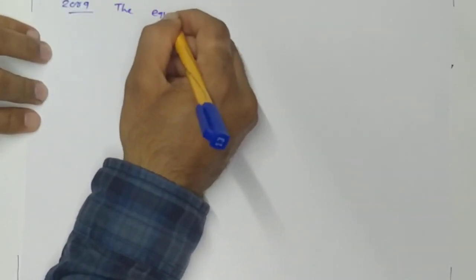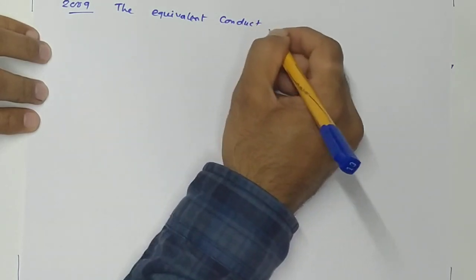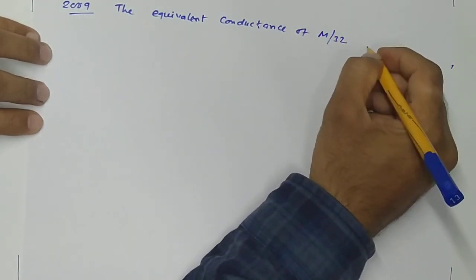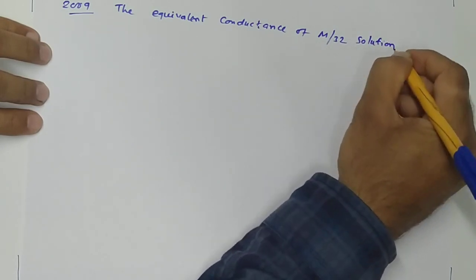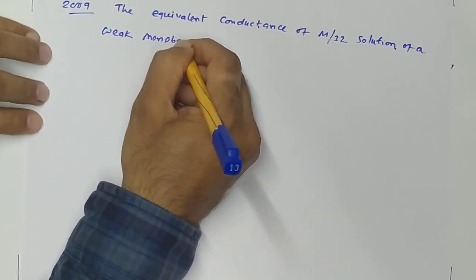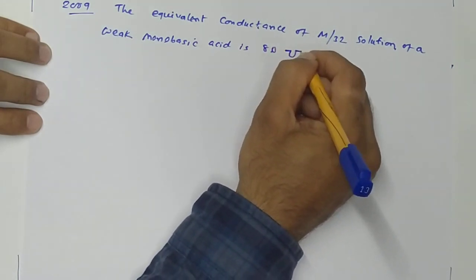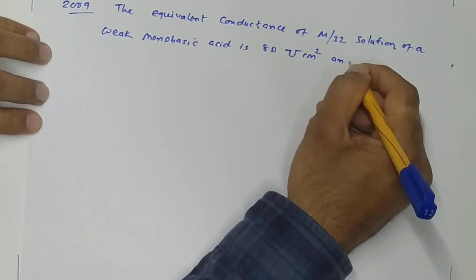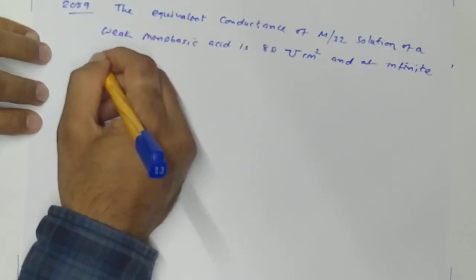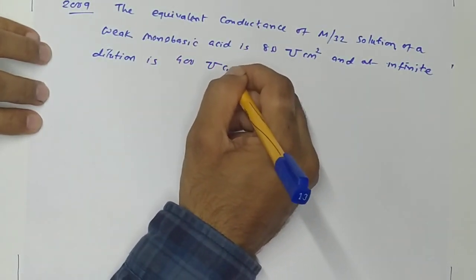The equivalent conductance of an M/32 solution of a weak monobasic acid is 8 mho cm², and at infinite dilution it is 400 mho cm².